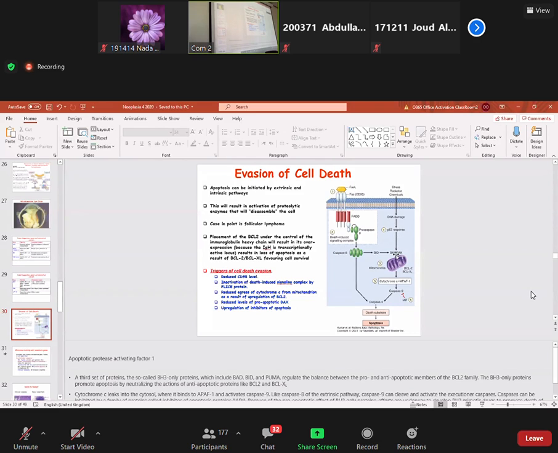The p53 will work on increasing the BAX and the BAK, which are pro-apoptotic genes and pro-apoptotic proteins when they get translated.